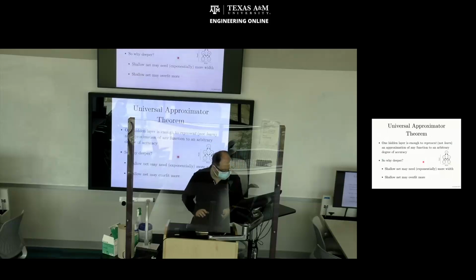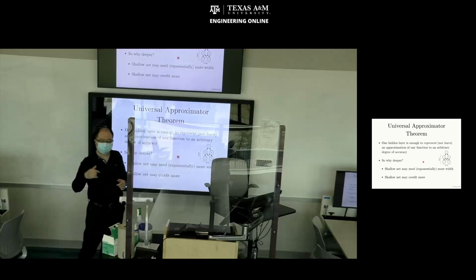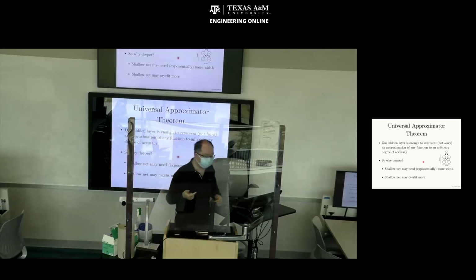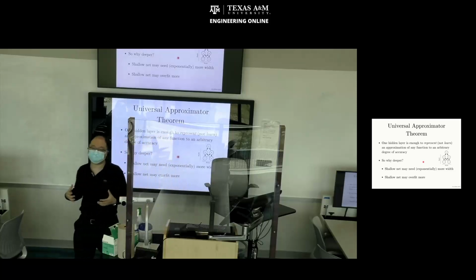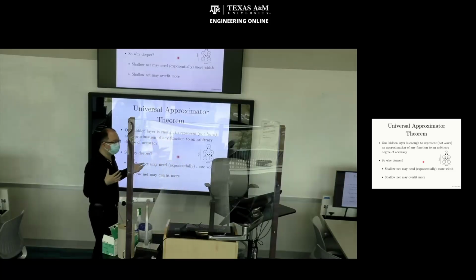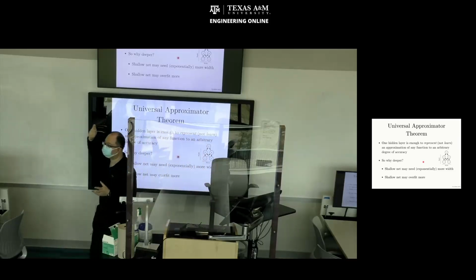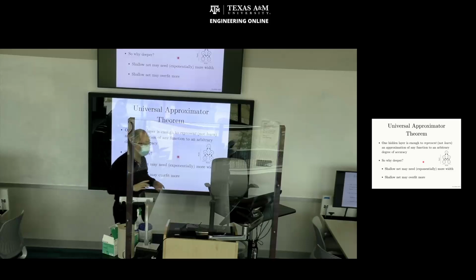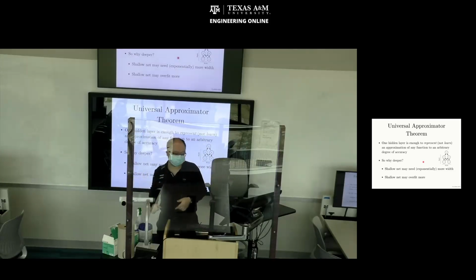So I'd like to put it this way: the width and the depth affect the expressiveness of the model differently. One is like in the base, and one is like in the exponent, if you get what I mean. I will show you with an illustration on the next page.